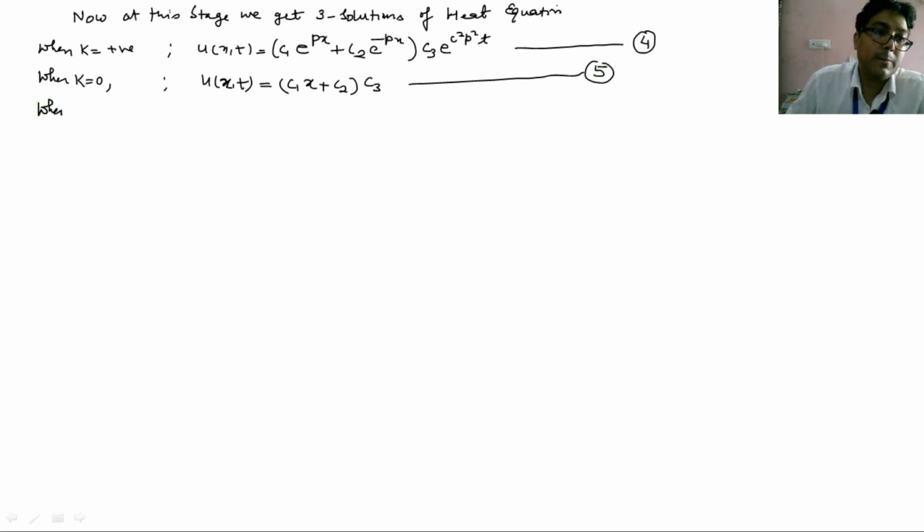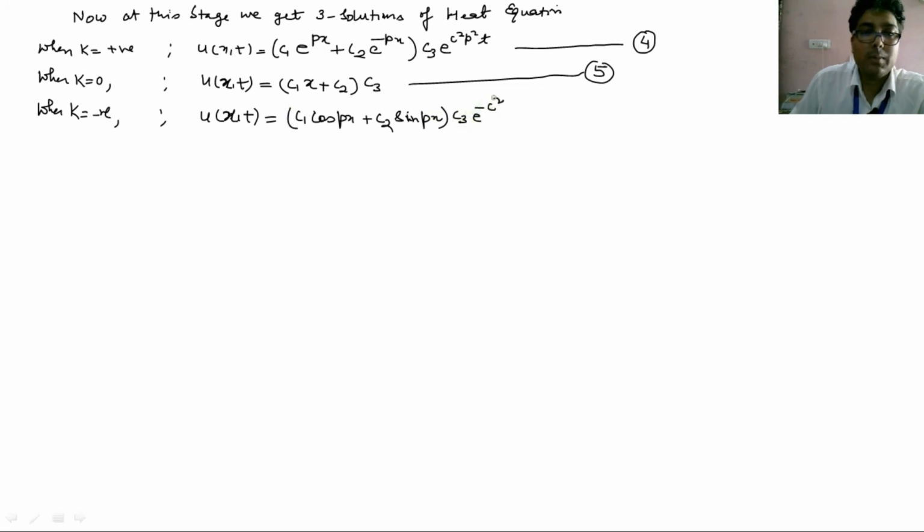When k is negative, then we get the solution u of x comma t is equal to c1 cos px plus c2 sin px into c3 e to the power minus c square p square t. This is the solution, equation number 6. Clear?